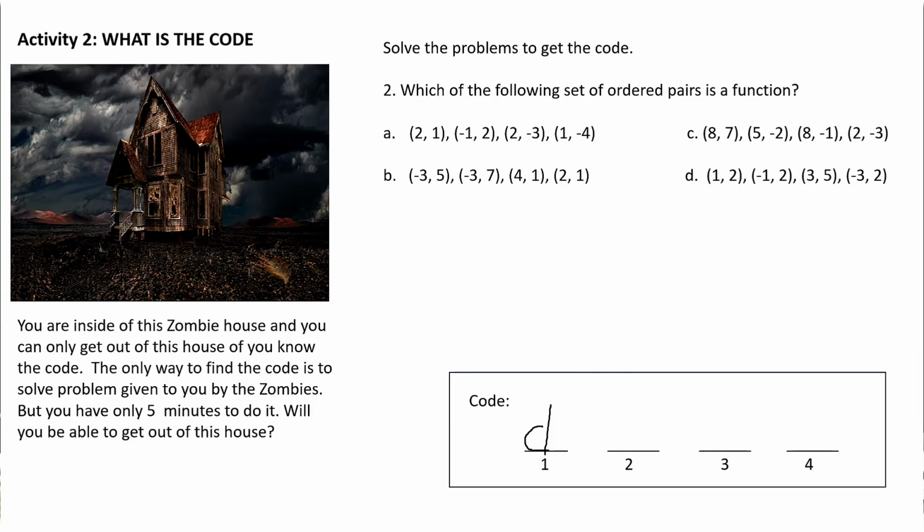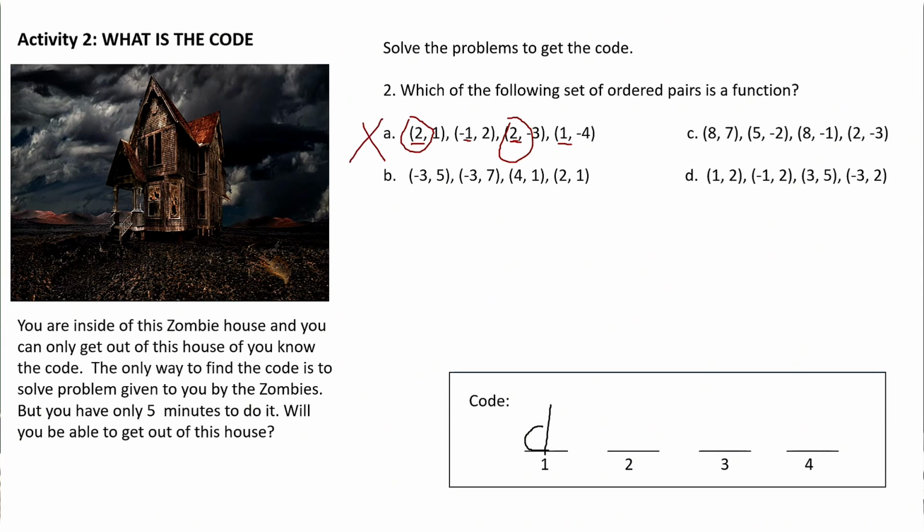Okay, so take a look at the first, letter A. The first value of x is 2, the second is -1, the third is 2, and the fourth is 1. So we can observe that there are two 2's. So there is a repetition of values of x, which is 2. Okay, so this is not a function.